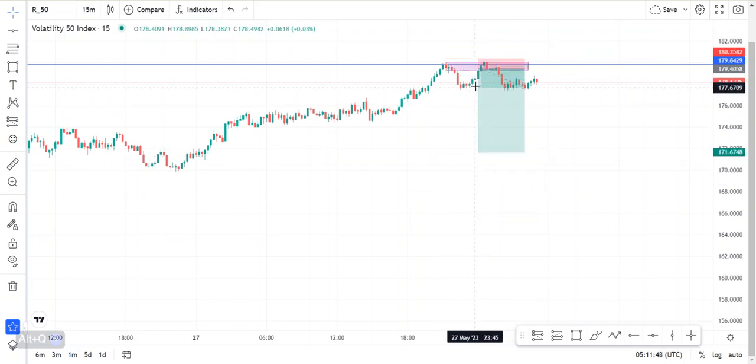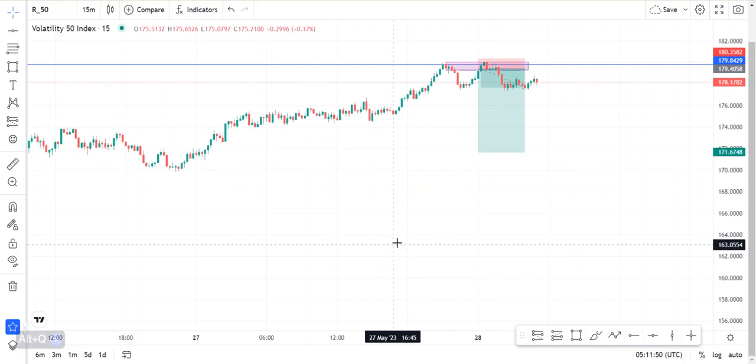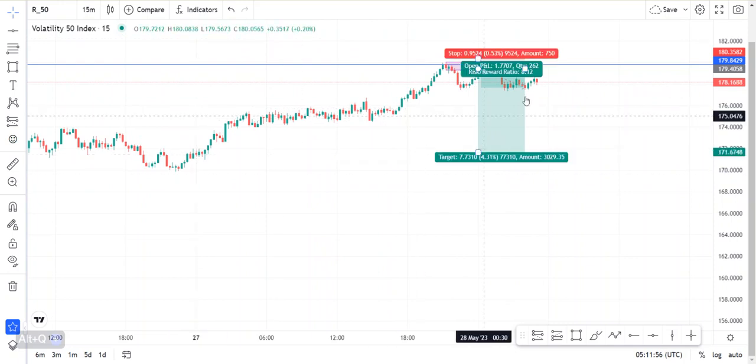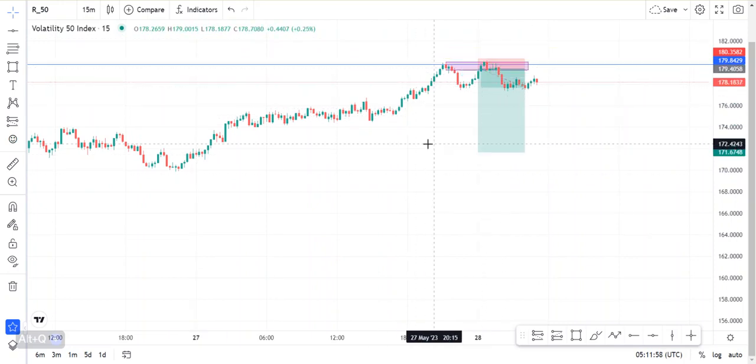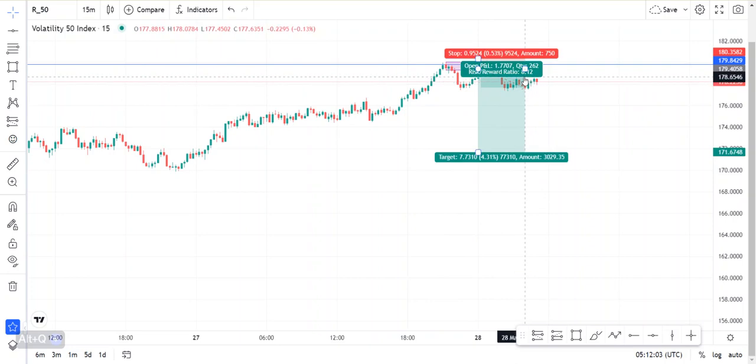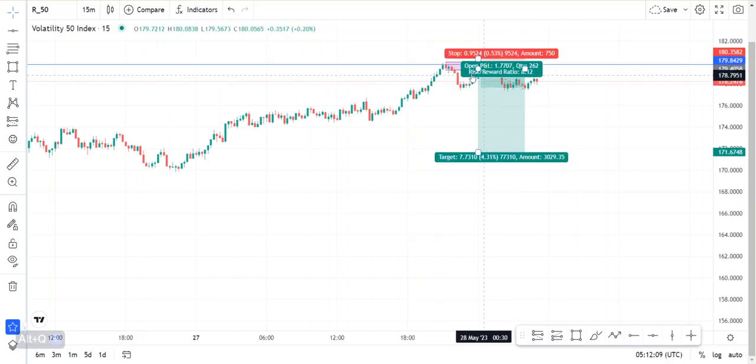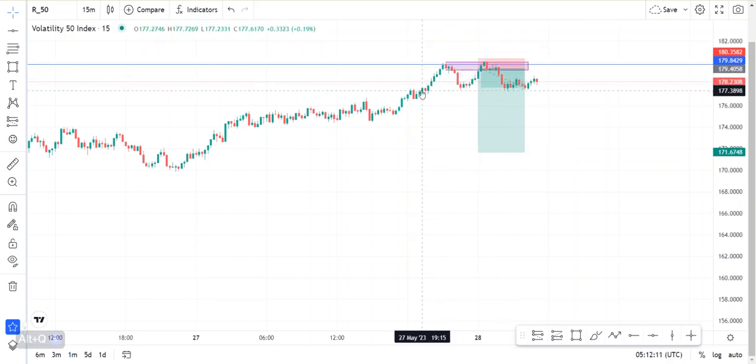If we had not used this top down analysis to take this entry, although this entry can still be taken somewhere around here, the only thing is that it is not a sniper entry any longer. In this video we are just talking about sniper entry, so that is just what we did.